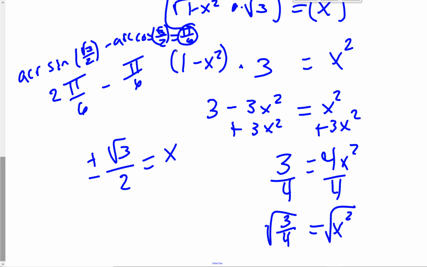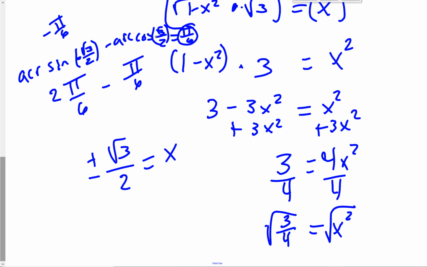So that does work out. The positive one does work out. The negative one doesn't, because I'm negative first. So for sine, I'm going to be below. So that's not going to work, because if it's negative here, what gives me a negative root 3 over 2? Well, that's just negative pi thirds, and the cosine one would stay the same.